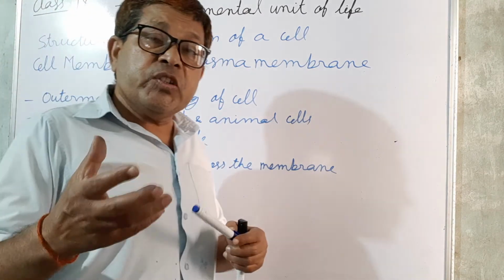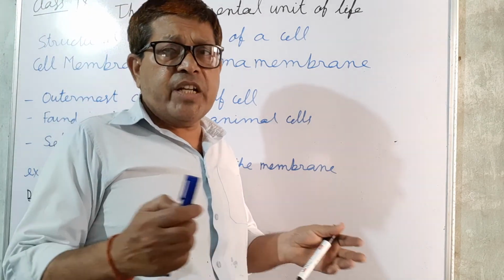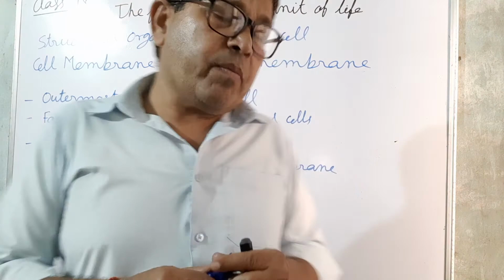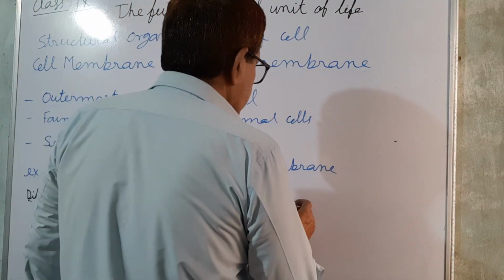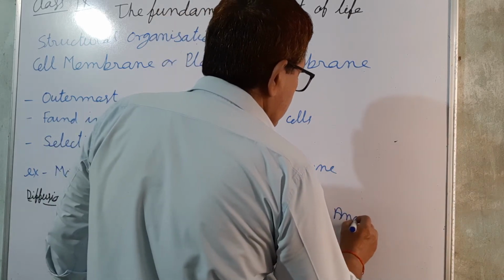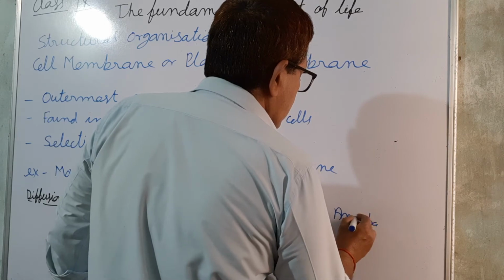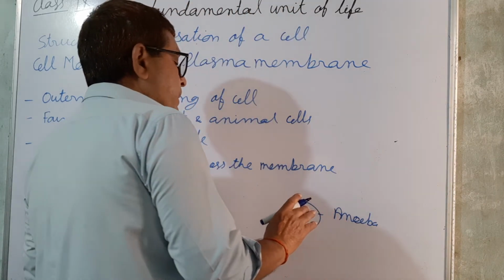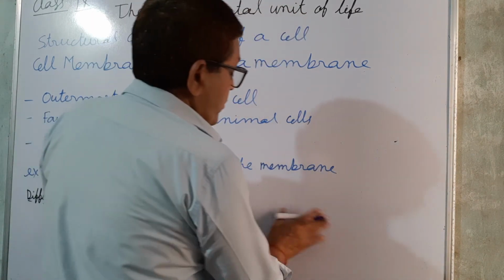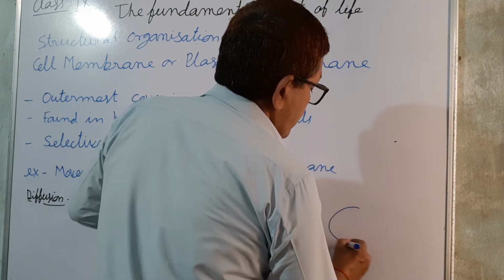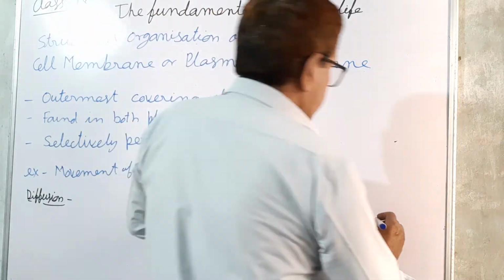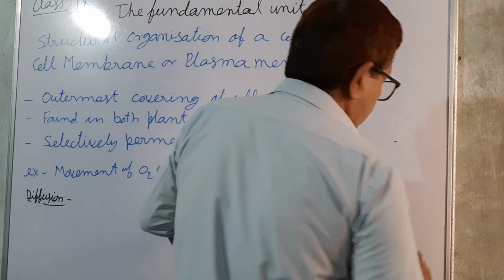You have studied unicellular and multicellular organisms, but I am taking the example of a unicellular organism so you can understand properly. Suppose this is an amoeba, a single cell.